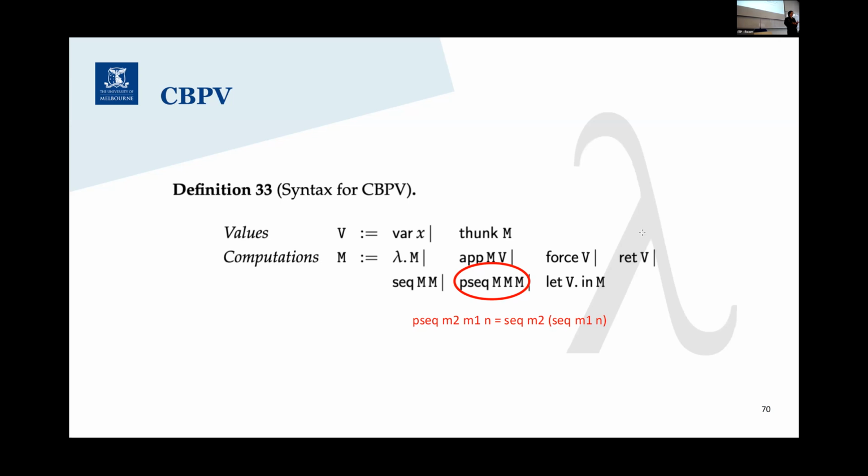Everything in this talk uses abstract notations that are easier to read, but still use the same keywords as in my formalization, so it's not straight from Paul Levy's definition. The seq here essentially sequences two computations, and p-seq is essentially two seqs together. So it sequences two machines and puts the result in a third machine here, which I will explain why we need to add a bit later in this talk.